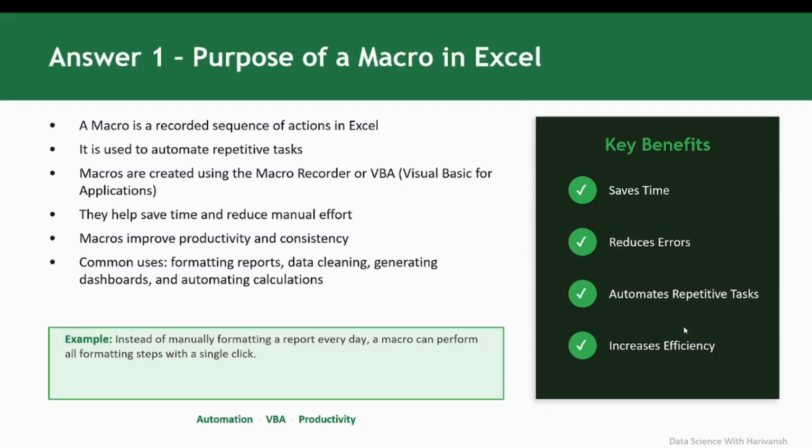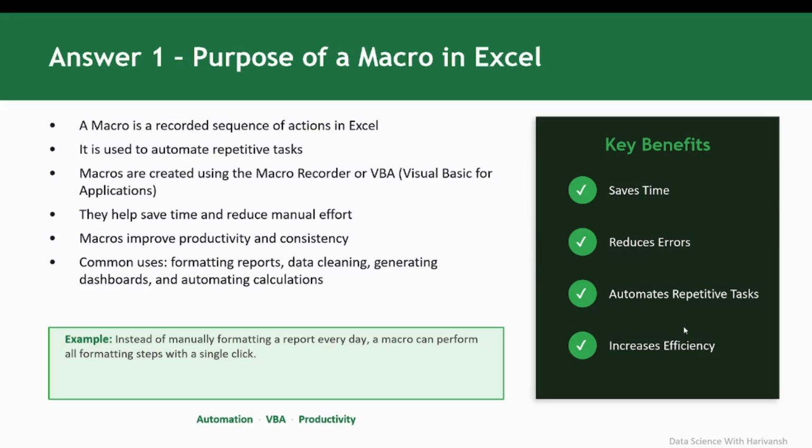When an interviewer asks what is the purpose of a macro in Excel, they want to see if you understand workflow optimization. At its core, a macro is a recorded sequence of actions or commands in Excel designed to automate repetitive manual tasks.